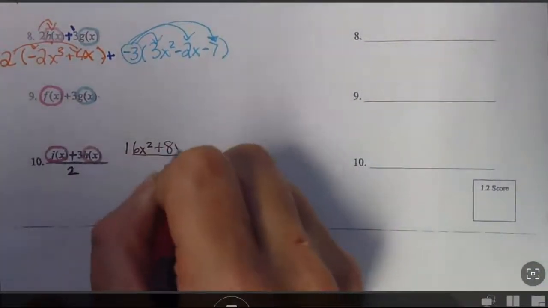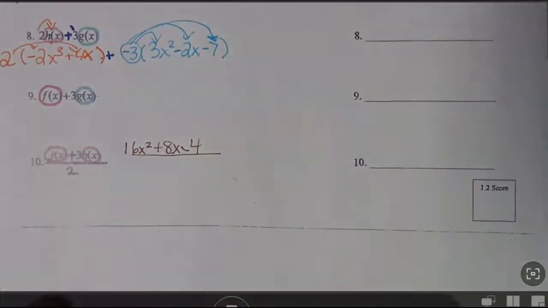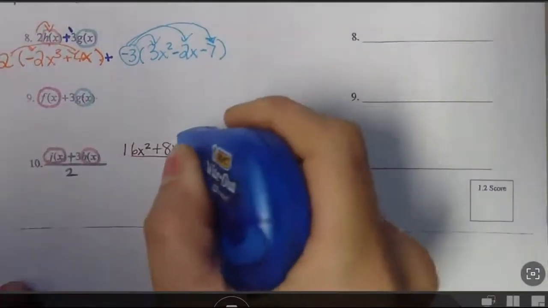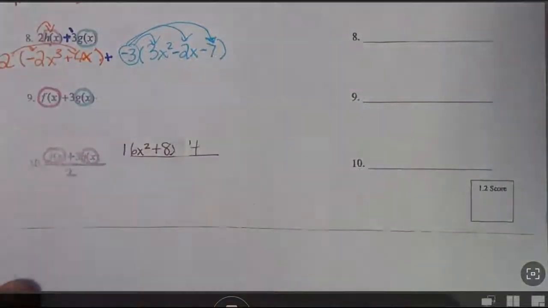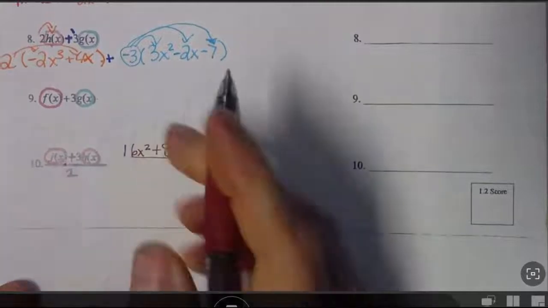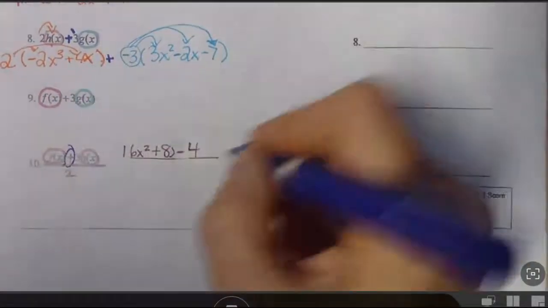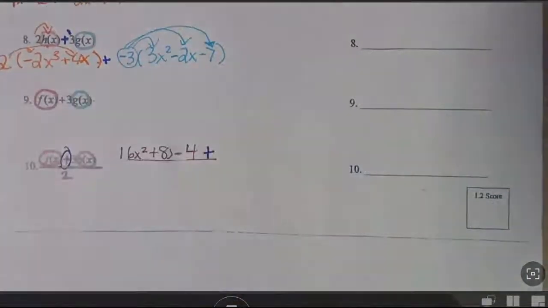And then I have plus 8x minus 4. Sorry, that's an ugly minus. That is a minus. I'll go ahead and fix it for you because it could look confusing later. So that's a minus. Minus 4. Okay, and then I have to do plus. So I'm going to write my plus sign right in the middle. Plus, and then this is where I have to use 3 times h of x.